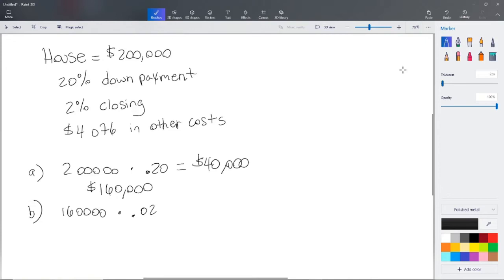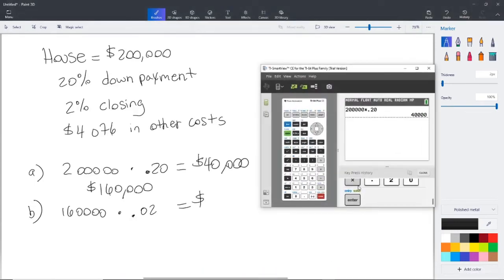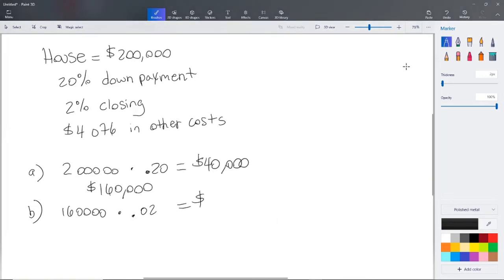That's 20%. 0.02 is going to give us the 2%. Let's bring our calculator up once we get our dollar sign in, because we know it's going to be a dollar amount. We've got 160,000 times 0.02. Looks like $3,200 is going to be our points that we need to pay.